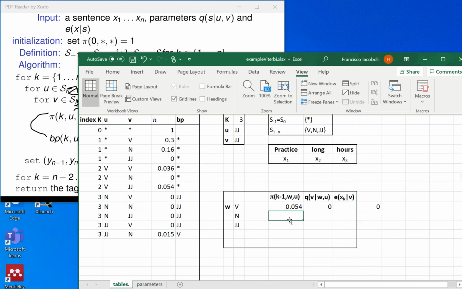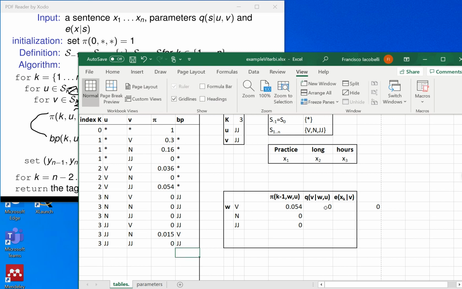This pi is 0 as well, just like in the previous cases. So there's no maximum here, so the entry of 3 JJ JJ is going to be 0, and the tag I'm just going to assume JJ.